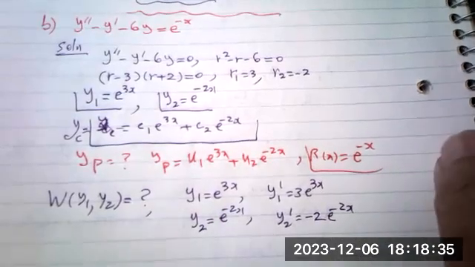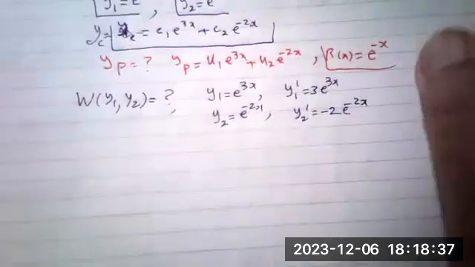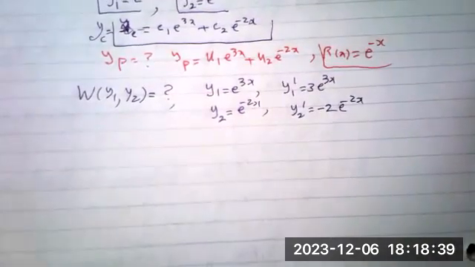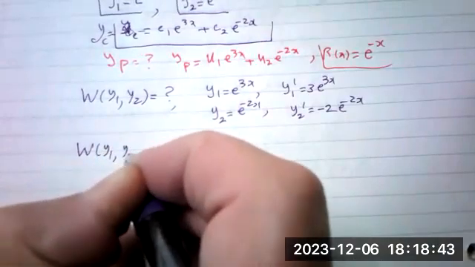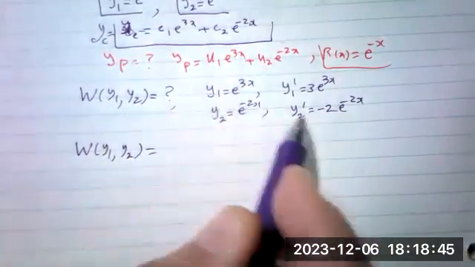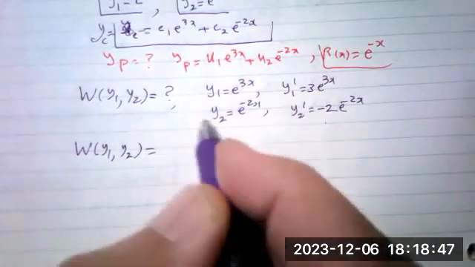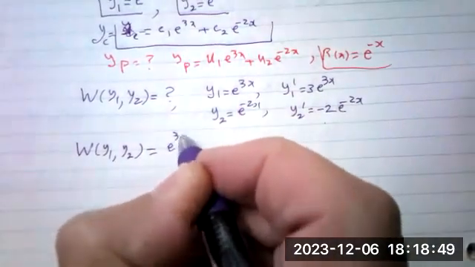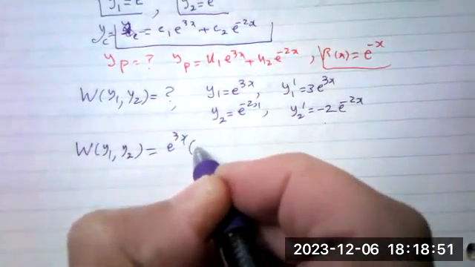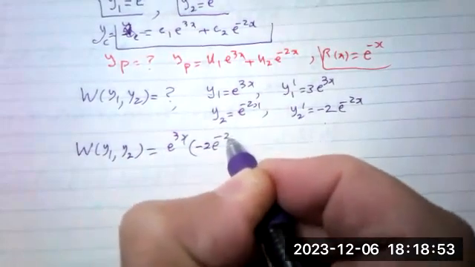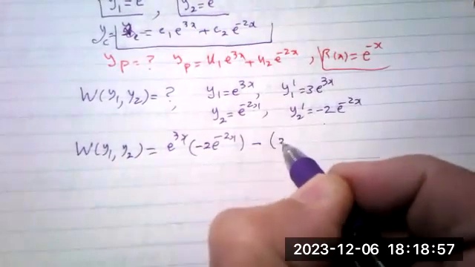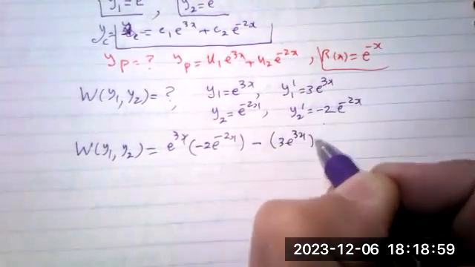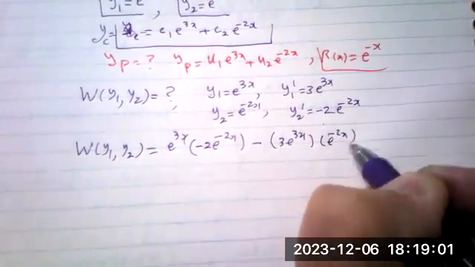Multiply to get the Wronskian. You cross multiply: e to the 3x times negative 2e to the negative 2x, minus the other way around, 3e to the 3x times e to the negative 2x.